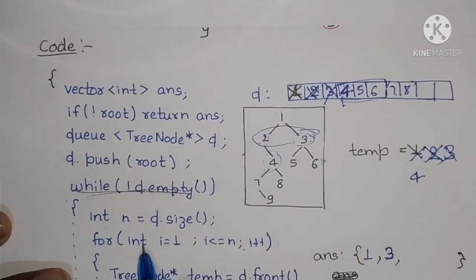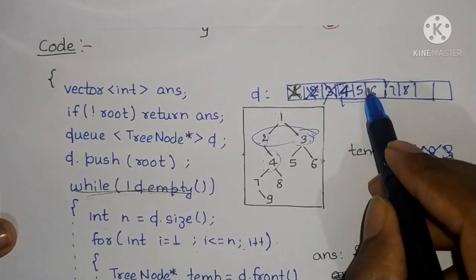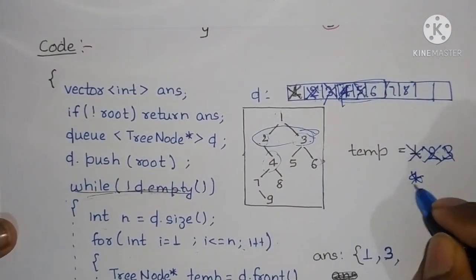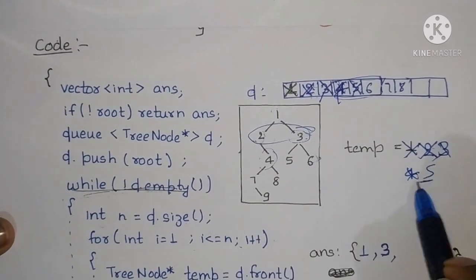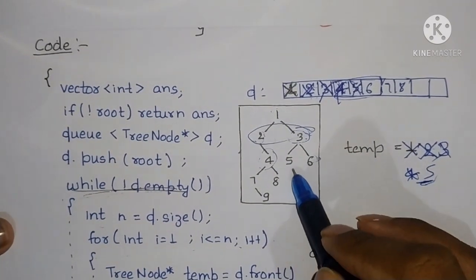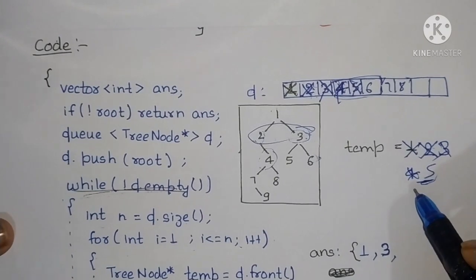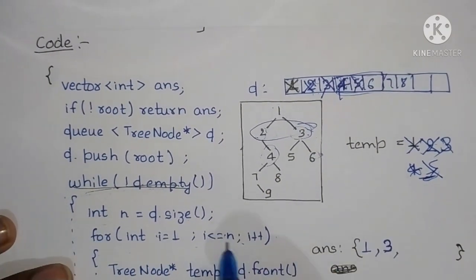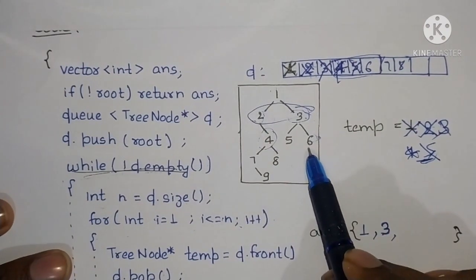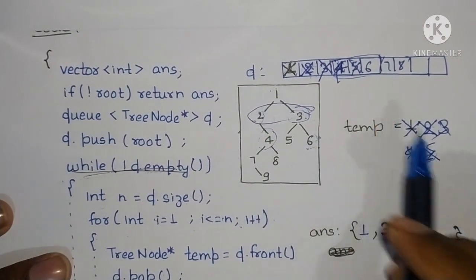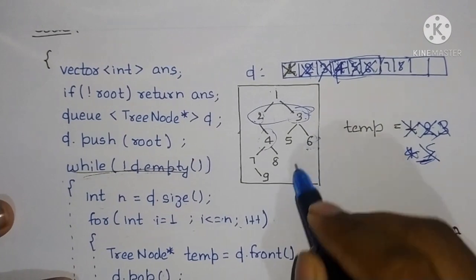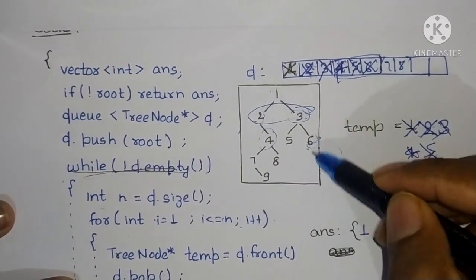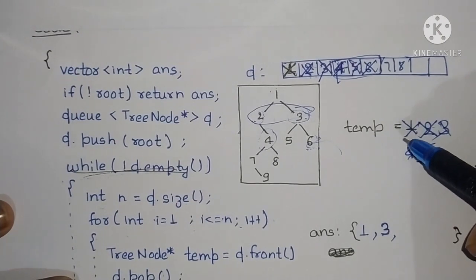Then for I equals to 2, the temp value will be 5, so 5 will be popped out, and the child of 5 will now be pushed, but there is no child, so nothing will be pushed. Then for I equals to 3, the temp value will be 6, so 6 will be popped out, and the child of 6 will be pushed into the queue, but 6 doesn't have any child, so nothing will happen.